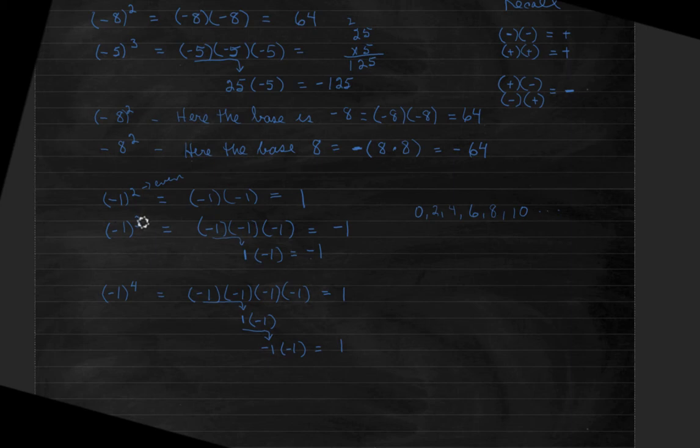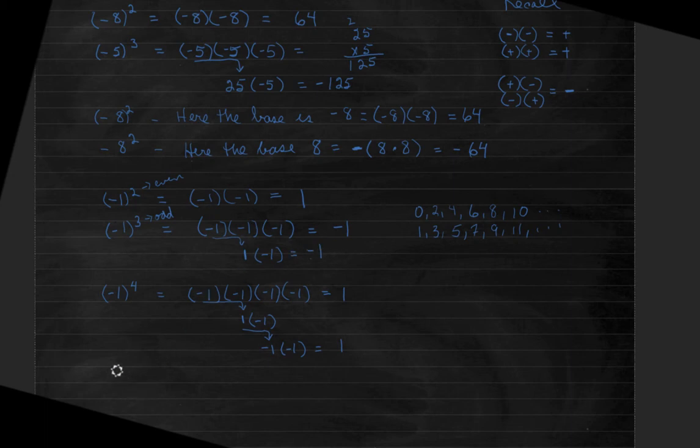But if it is odd, now the odd numbers are like 1, 3, 5, 7, 9, 11, and so on. Odd numbers will end up with one factor that doesn't have its negative pair. So we're going to end up with a negative 1.